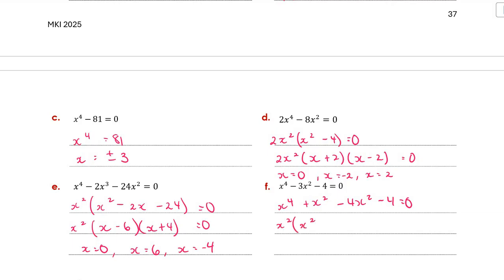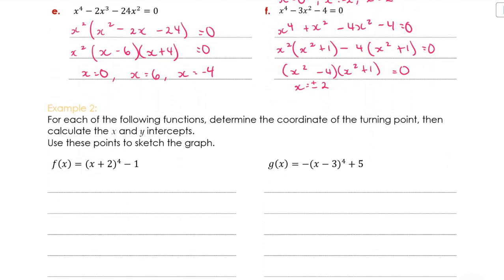Then I've got a common factor of x squared here and a common factor of 4 here, and then I can factorise by grouping. So you can still use all of your tricks with a quadratic. You can still use those with your quartics as well. So our solutions here are x equals positive and negative 2, because with x squared plus 1 we have no solution there.